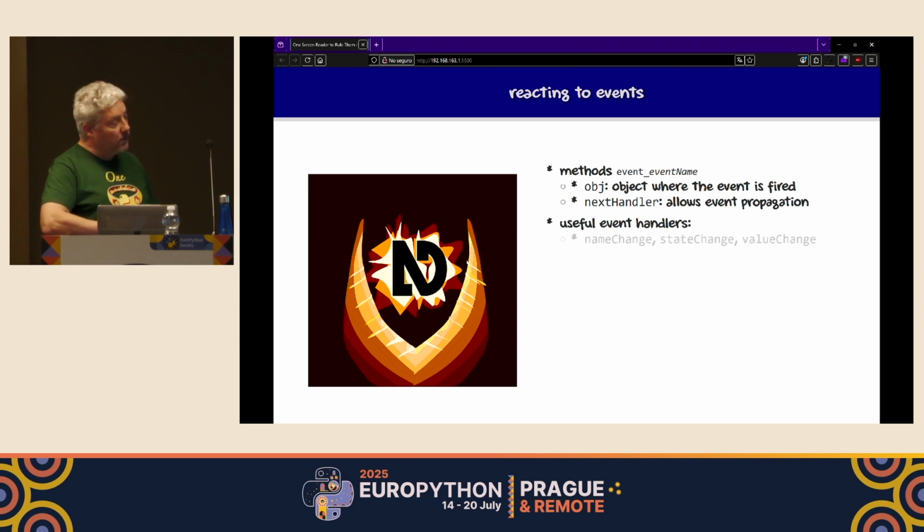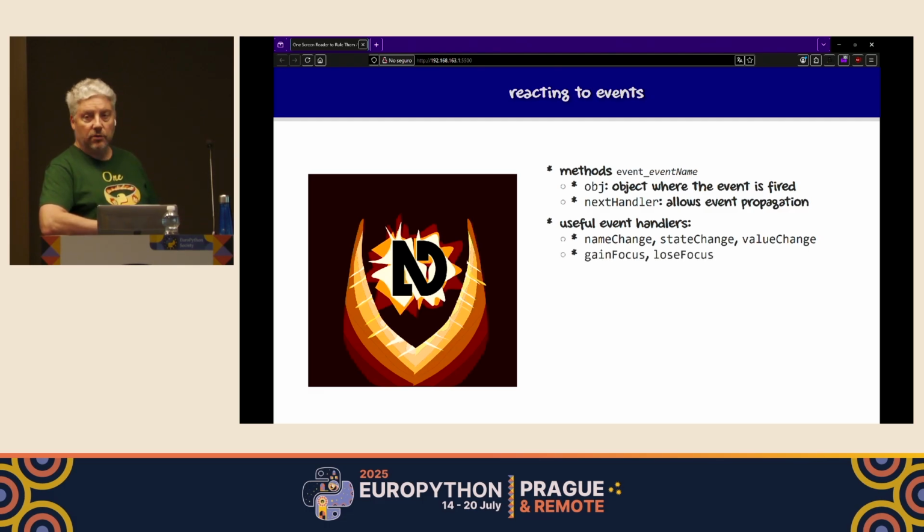Useful event handlers, for example, we have the name change, value change, state change. For example, if I am writing in an input, the value change will fire whenever the value of the input changes. If I change the title of a window, for example, when I move in Firefox to another URL, the title will change and the name change of that window will fire in that place.